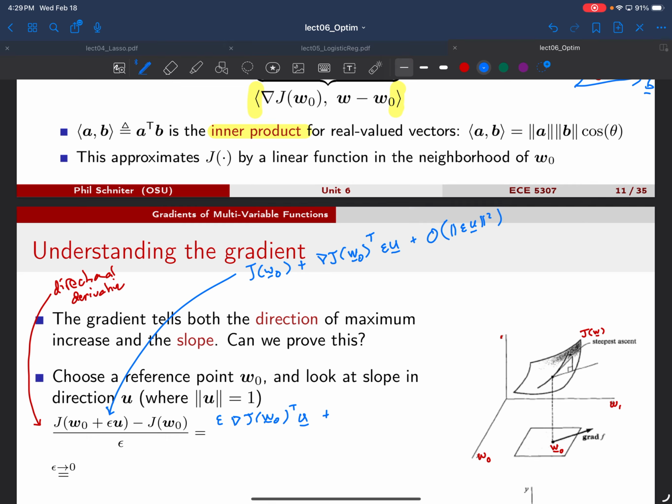And then we have this other term, which is order epsilon squared times the magnitude of u, because I can pull epsilon out of the squared norm, and because of the square, this epsilon turns into an epsilon squared.